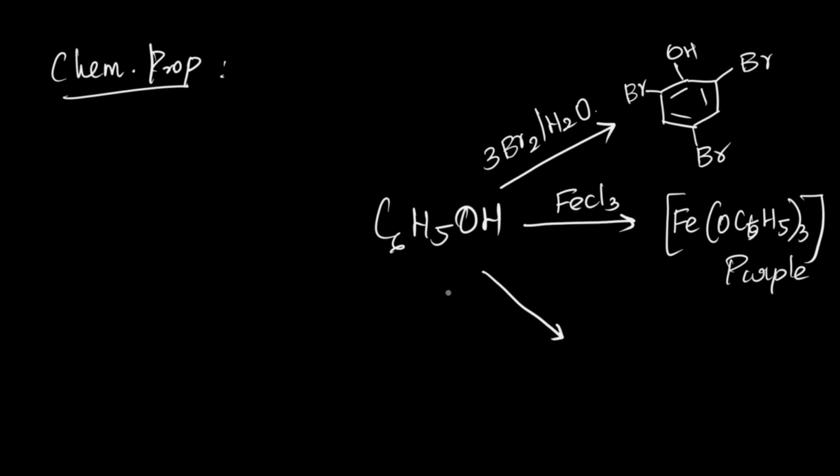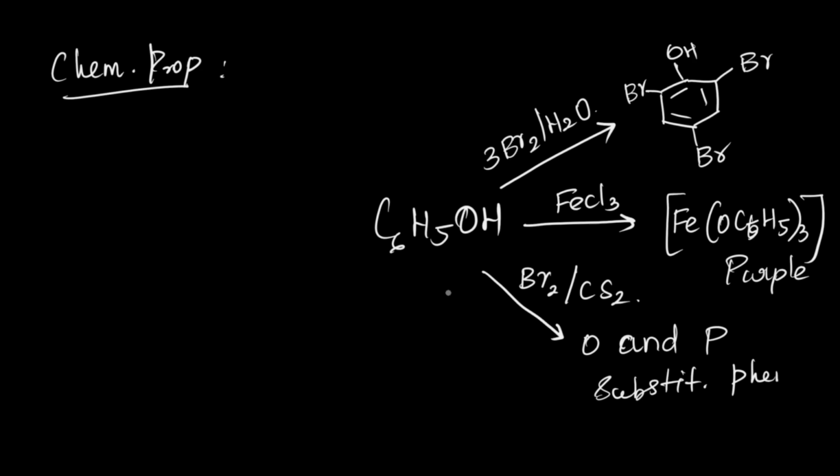Then Br2 with CS2. There we saw bromine water, 3 moles of bromine water. Here we are taking Br2 with CS2. It is producing ortho and para bromo substituted phenol.